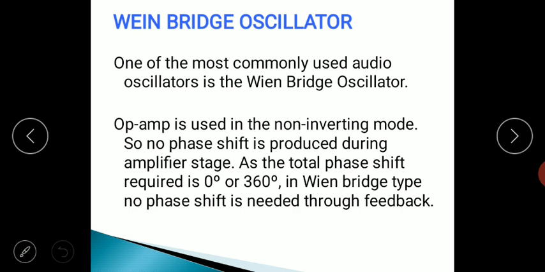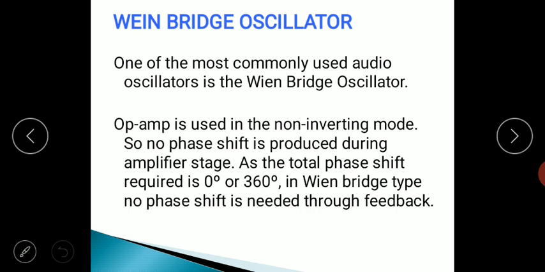One of the most commonly used audio oscillators is the Wien bridge oscillator. This is almost the basic RC oscillator that is used in all applications. The important difference between the RC phase shift oscillator and the Wien bridge oscillator is that RC phase shift oscillator uses op amp in inverting mode, whereas Wien bridge oscillator uses op amp in non-inverting mode.